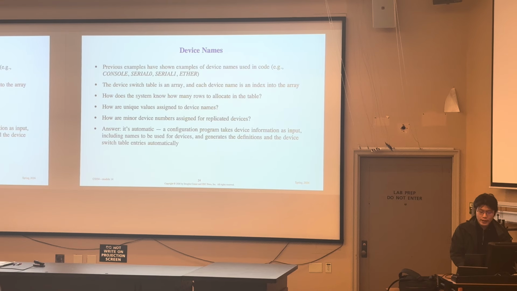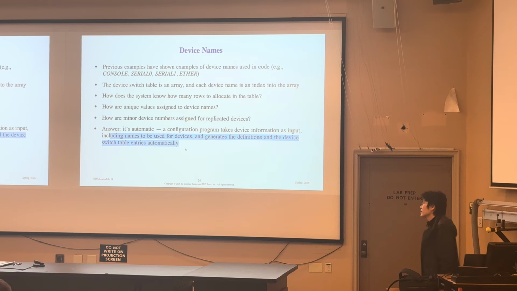The number of rows to allocate in the table, the unique values of device names, and the minor device numbers are all done automatically when the system is initialized. There is a configuration program that takes device information as input, including the names to be used for devices, and generates the definitions and device switch table entries automatically. This is typically done when the system initializes.